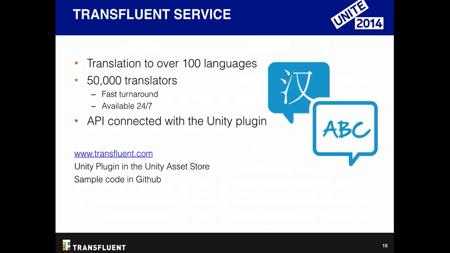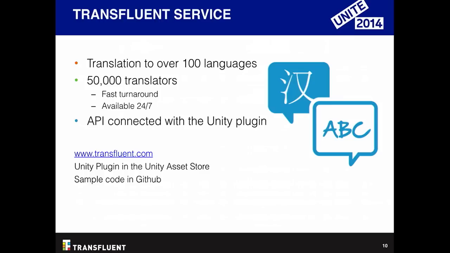So we are able to provide really the same professional quality translations that the big guys are using, like EAs and others. So you will have access to the same translation services you would get through any translation company, but you just don't need to talk to anyone. You don't need to haggle. You just send it off through the API, and the magic happens.